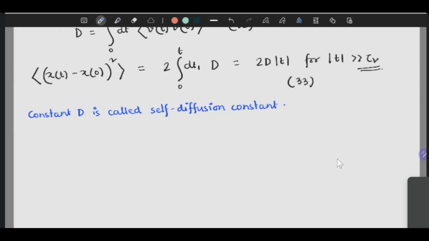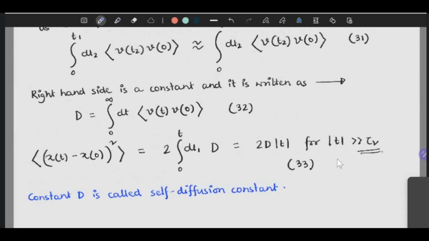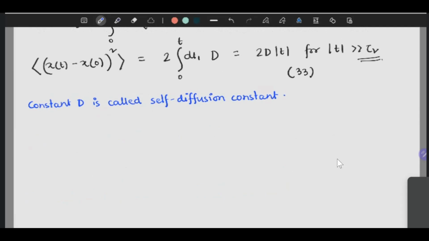Okay, now you can ask what this self diffusion constant is, right? Because we have heard about the diffusion constant.